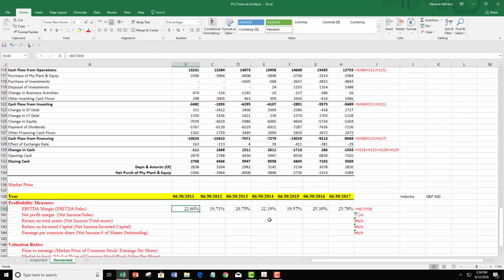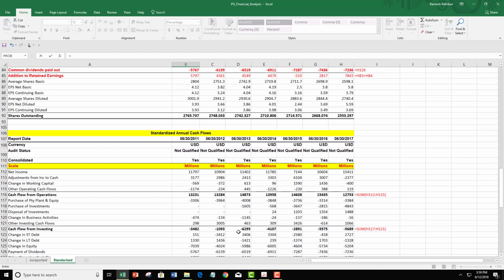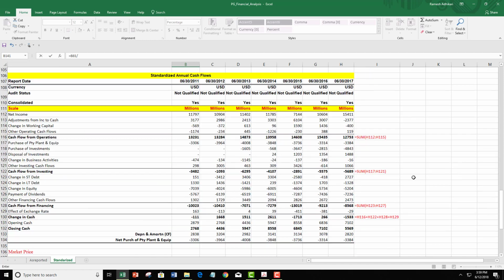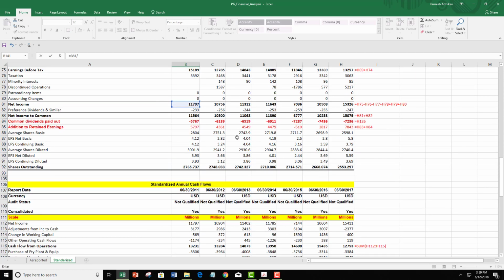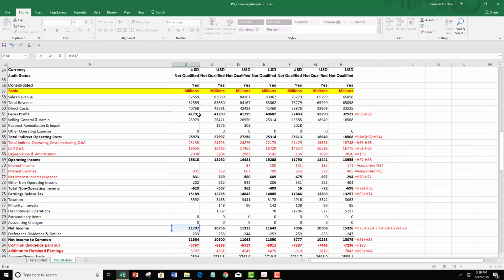Please watch them. Now let's compute net profit margin, which is net income over sales, right? So that equals, let's find out where net income is. This is going to be in your income statement. Here I have it in row 81, that is this guy here, over sales. The sales is on the same income statement, so that's sales.